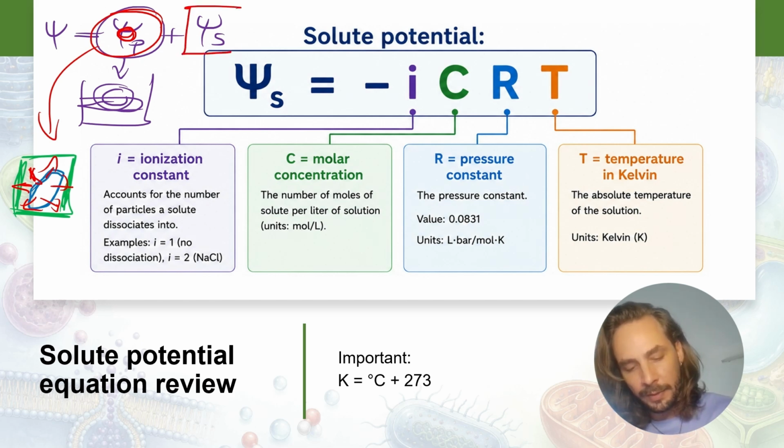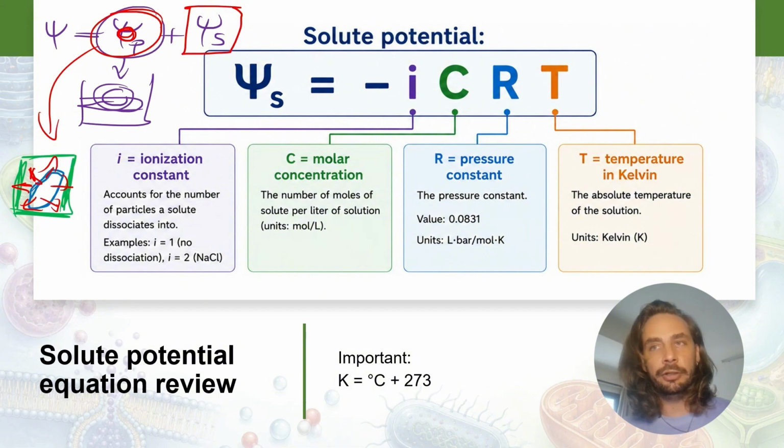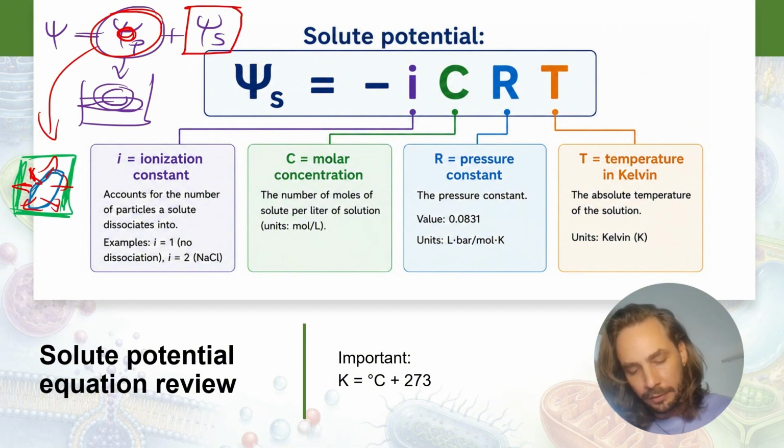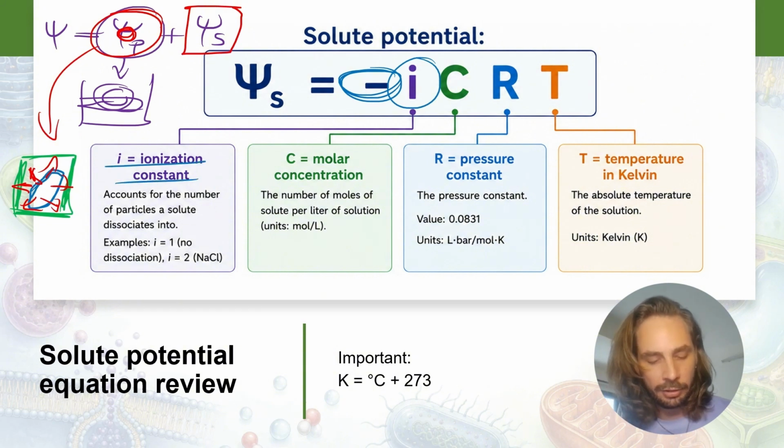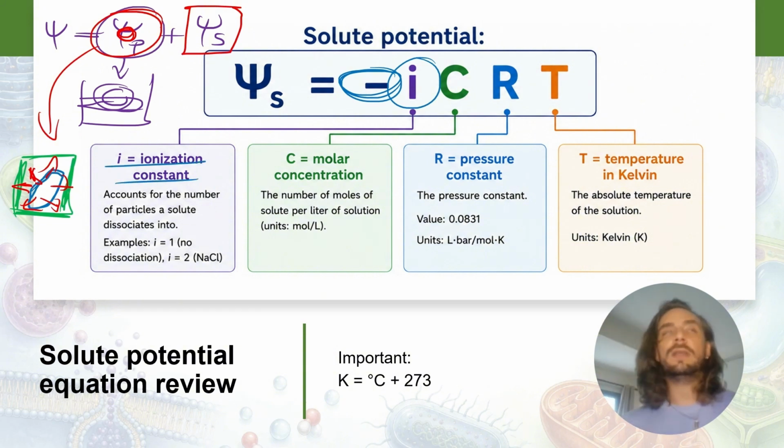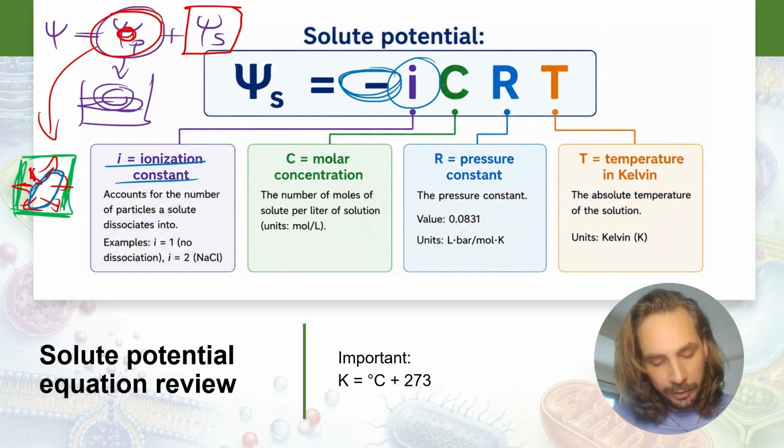But we do need to be able to calculate the solute potential. It starts with a negative number, which means if I increase one of these, it will become more negative, and if I decrease it, it will become less negative. The i is the ionization constant, which is just how many ions this molecule creates.